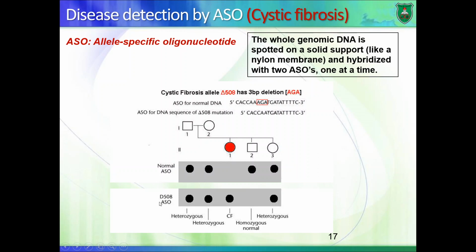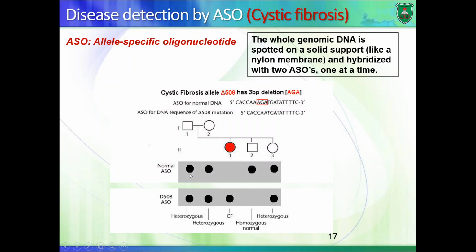Well, if we add the allele specific oligonucleotide for the sequence that is deleted, that does not have these 3 nucleotides, the AGA, notice here that for the father's DNA there is a signal, so the father also has the deleted gene, the mother as well. Child number 1, there is no signal for the DNA of child number 2, and there's a signal for child number 3.